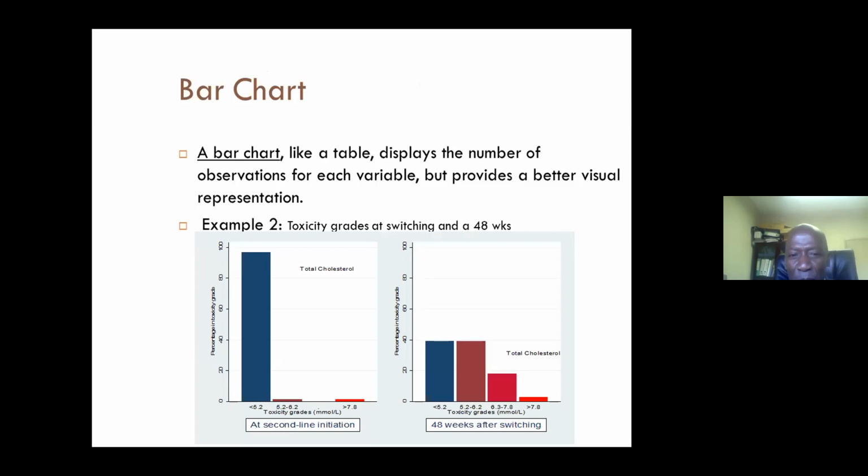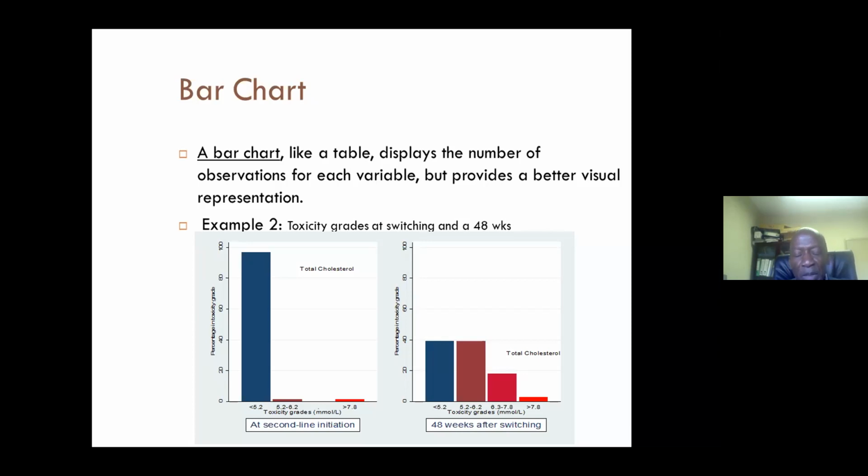That example is showing toxicity grades at 48 weeks, first line, second line. Toxicity levels are measured there in cholesterol level. So that's a bar chart. Provided that data has been put in categories, less than 5.2, 5.2 to 6.2, then of course greater than 7.8, you can show that graph.